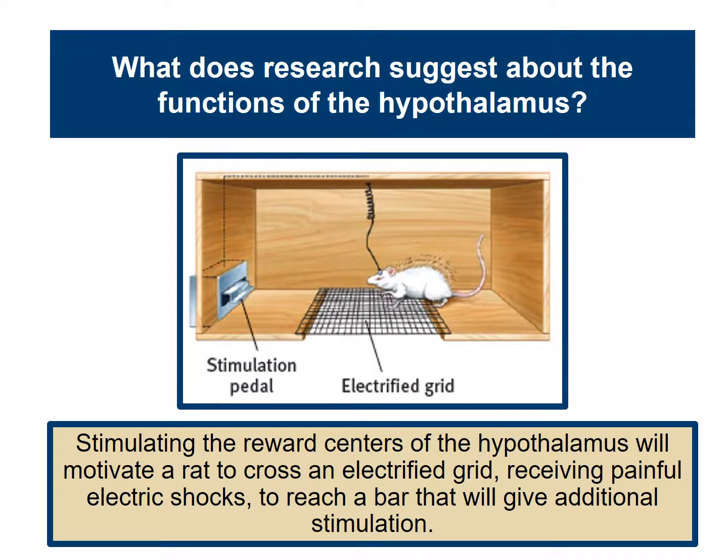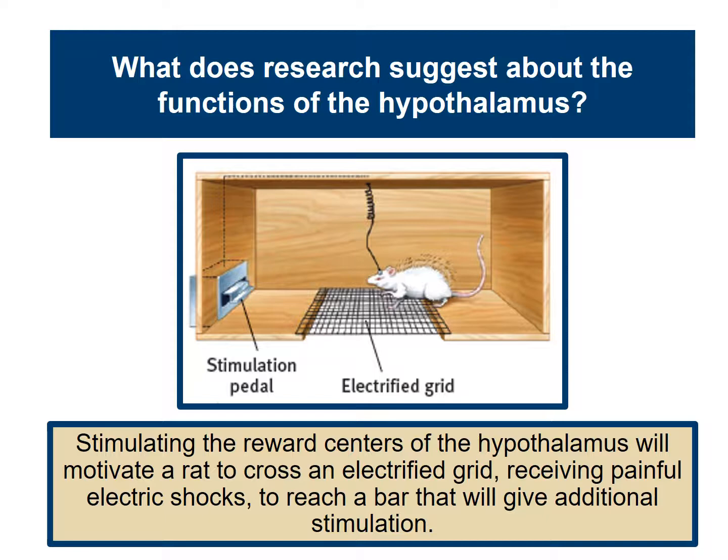So what does research suggest about the functions of the hypothalamus? Here we have a diagram of a rat, and the rat is crossing an electrified grid. On the left-hand side of the diagram, there's a stimulation pedal.